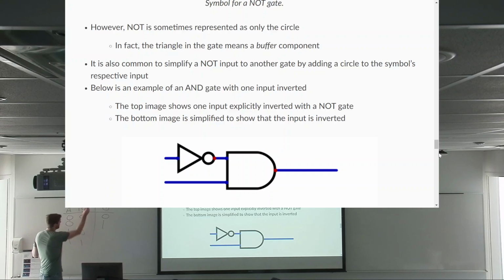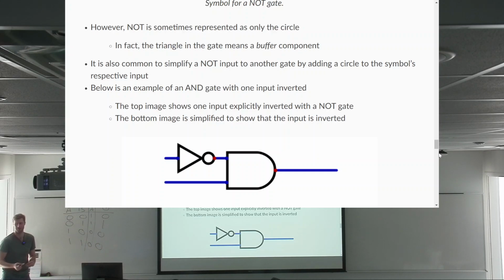If you don't like this, we could also do, well, what's not A? 1, 1, 0, 0. So we can see B and not A. And then 0, 0 becomes a little more obvious when we include all the steps. So that's how we could draw a truth table for that.